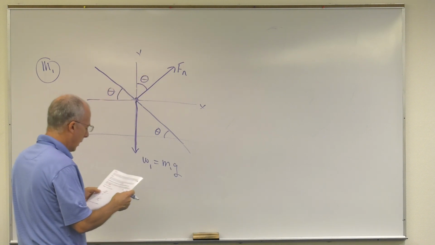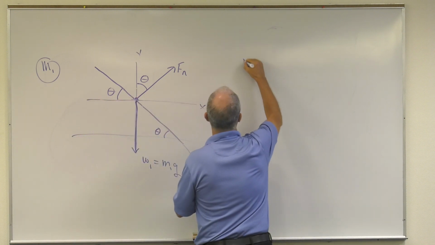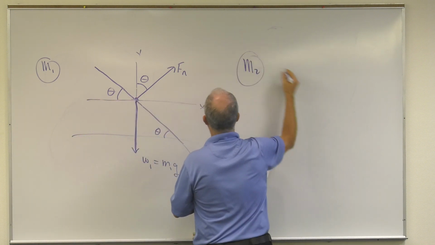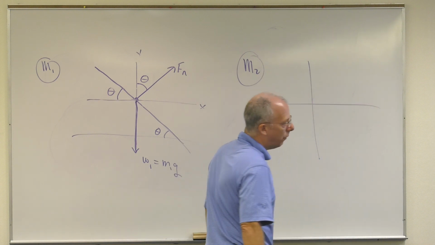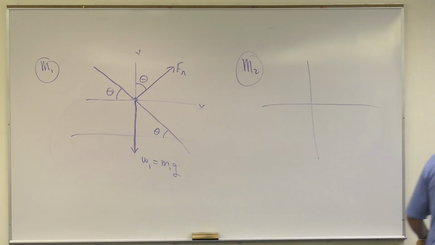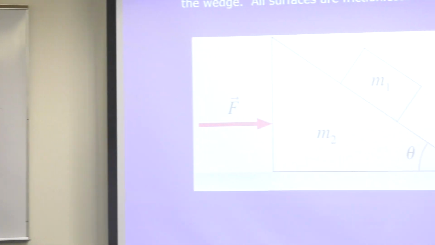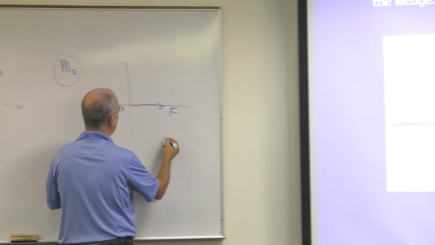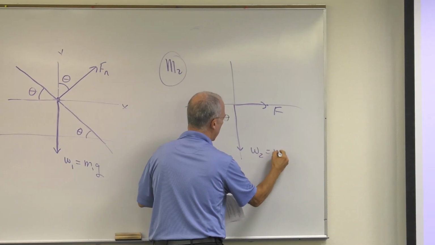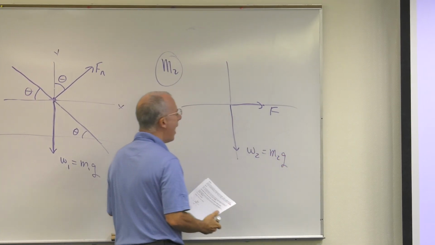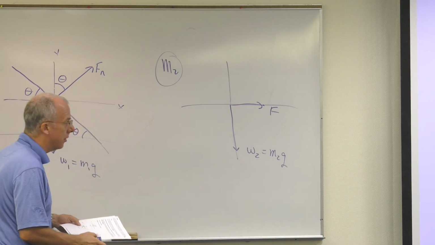Let's do the second one. Now what are the forces acting on M2? Well, there's F, there's the weight. Say the weight 2 equals m2g. Now wait a second, force pairs, right?